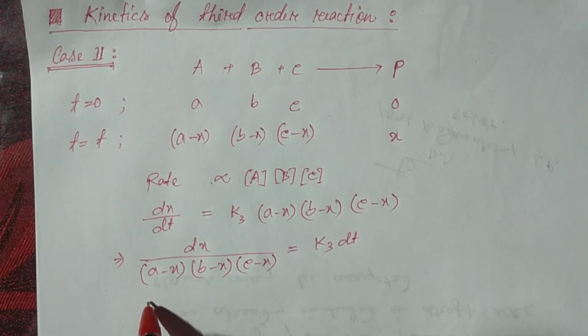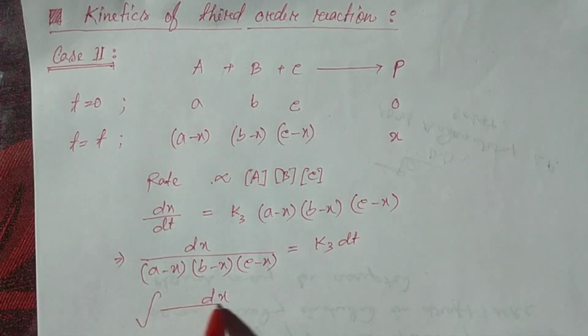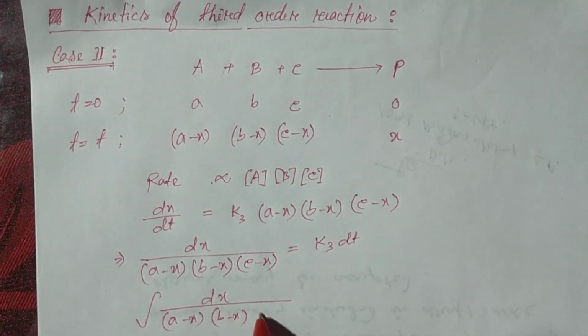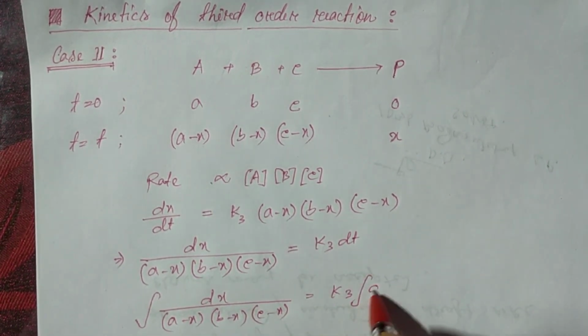So when we integrate this equation, the integration of dx over (A minus x)(B minus x)(C minus x) is equal to K3 times the integration of dt.